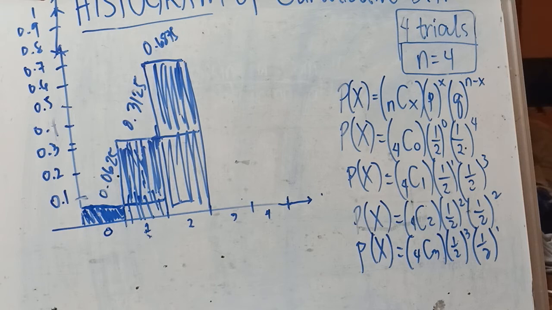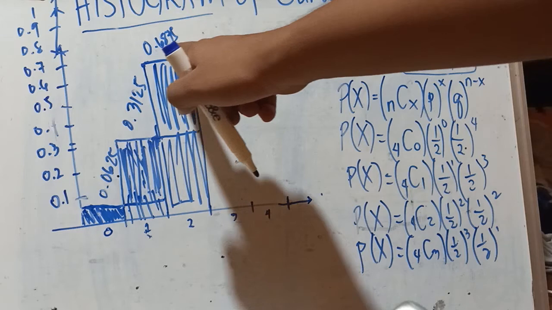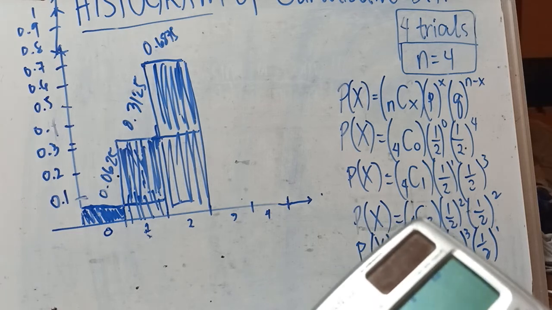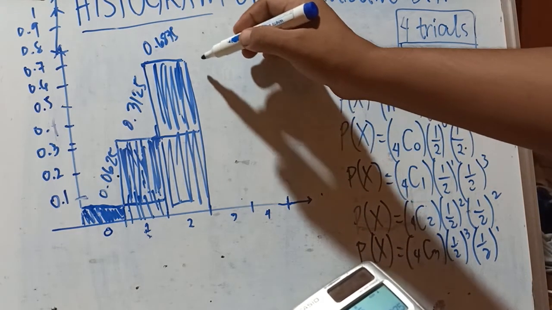Okay, so we get 1/4 or 0.25. So 0.25, we add it into 0.6875, and that makes 15/16 or 0.9375.